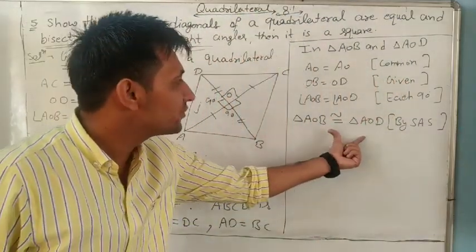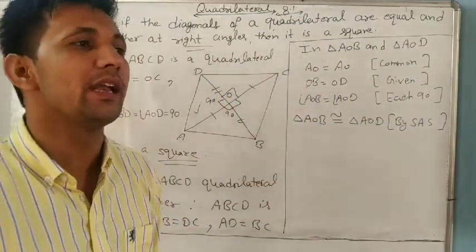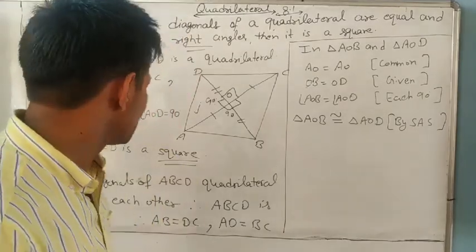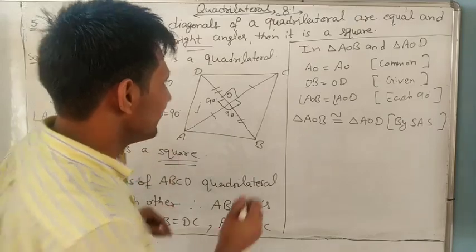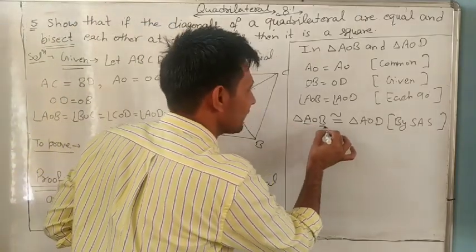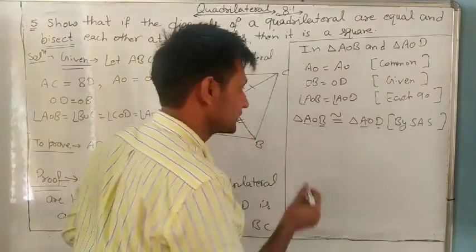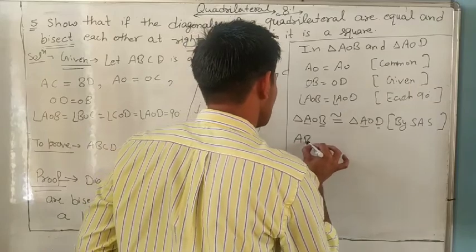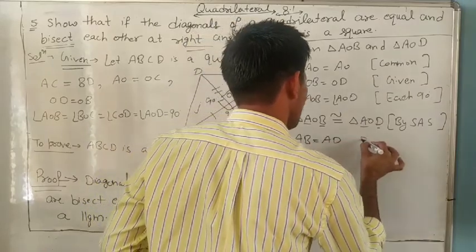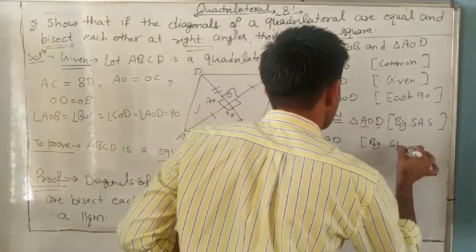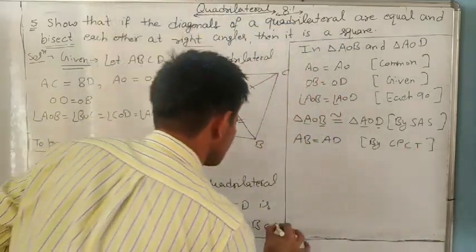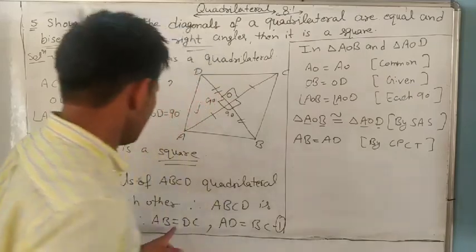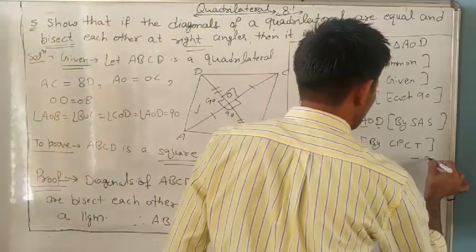And we know if these two triangles are congruent, corresponding parts are equal. And check it, corresponding parts, what do we want to prove? AB and AD. AB is first and last. AD is also first and last. It means AB equals AD by CP. Yes. It is equation 1. It is equation 2.